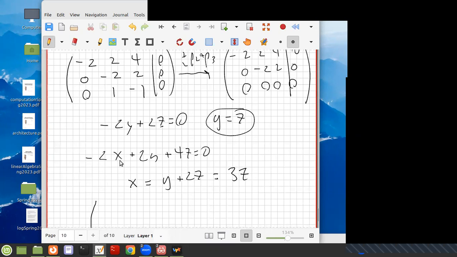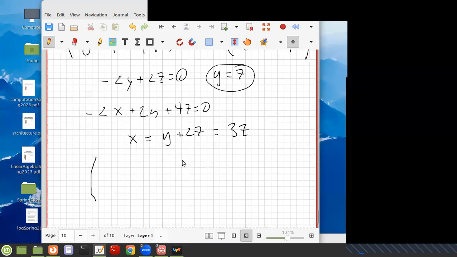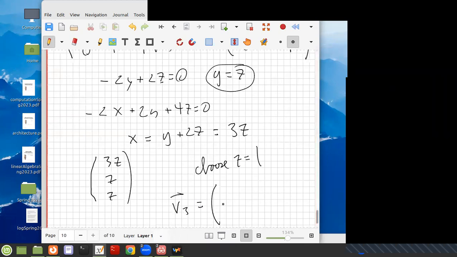Also, if I just substitute this back in here, I'm going to get a minus 2y to cancel that, and then a minus 4z to cancel that. Okay, so I have here 3z, z, and z, so I can choose z equals 1 to give me v3 equals 3, 1, 1.